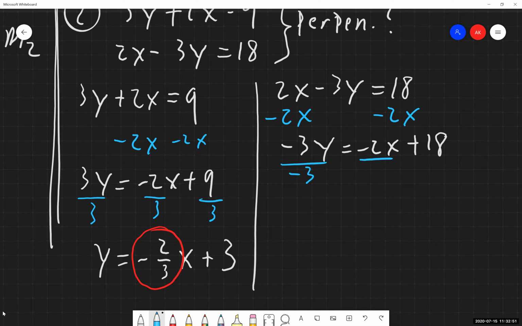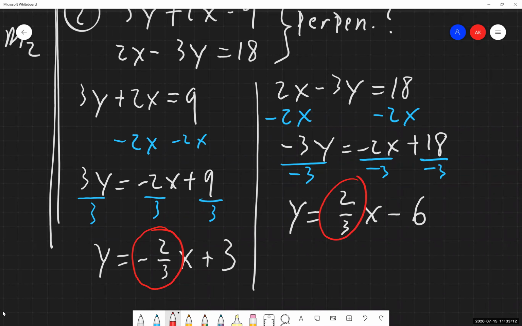Again, that means every single term. So I'm going to get 2/3 x minus, it's going to be 6. Identify the slope. The slope is going to be 2/3.